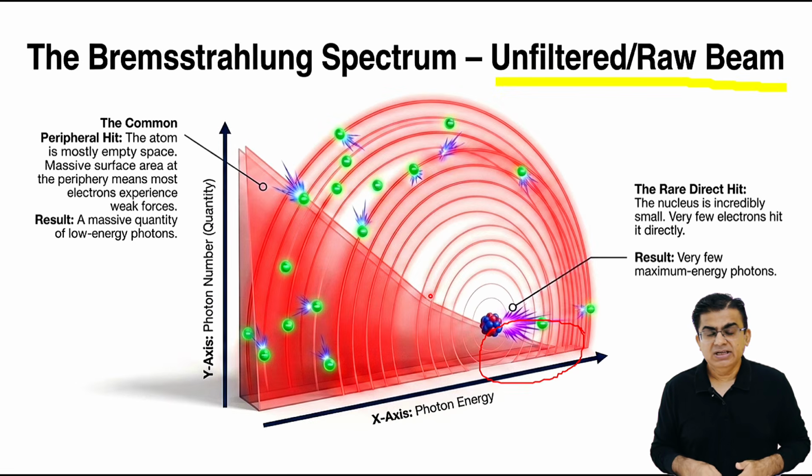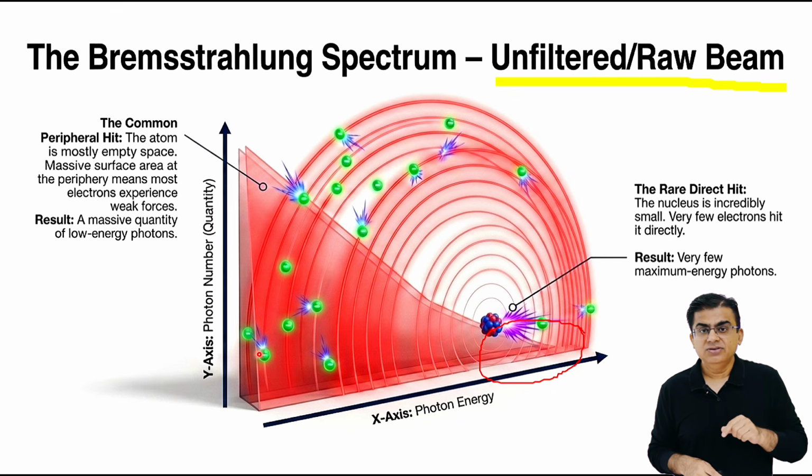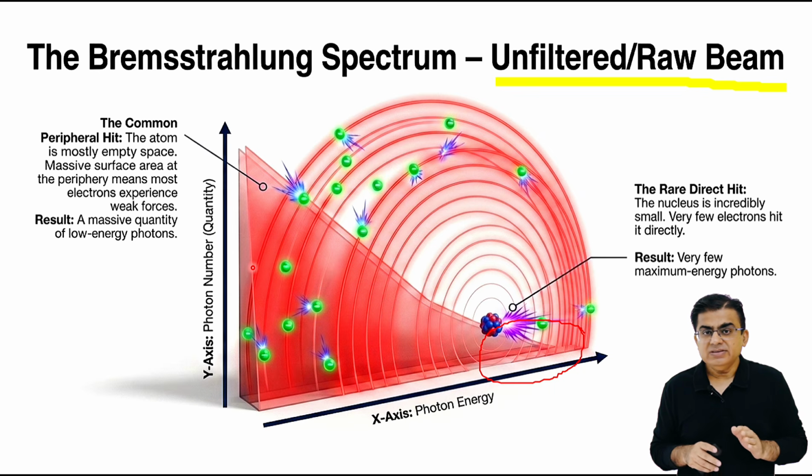This is called the raw unfiltered spectrum of Bremsstrahlung X-ray radiation. In this spectrum, you are seeing very low amount of high energy photons and very large amount of low energy photons. Pause this video and think about this.